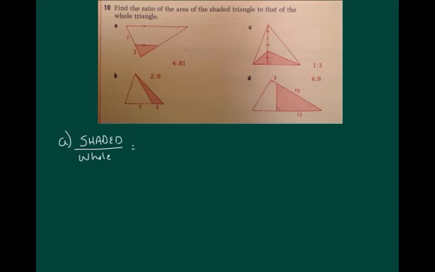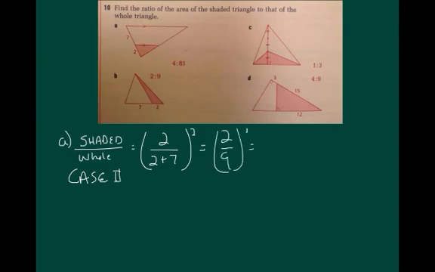And so I'm going to use case number 2. Now, you recall case 2 told me that I simply compare the ratio of the corresponding sides, which would be 2 to 2 plus 7, and square it, so that I get 2 to 9 squared, which is, of course, 4 to 81.